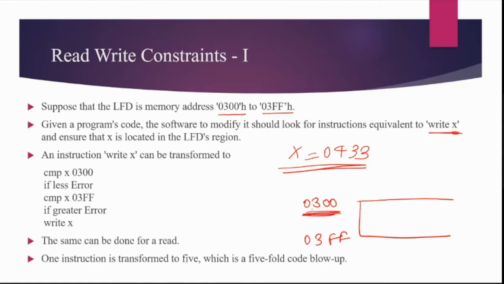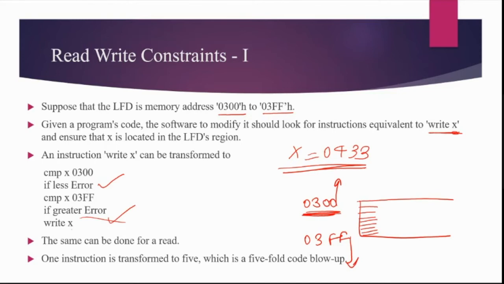If it is less than this, we will give an error. If it is greater than the upper bound, we will give an error. Otherwise we will write it. So if it is somewhere here, we will execute it. Are you getting my point? So each particular instruction is converted into 5 lines.